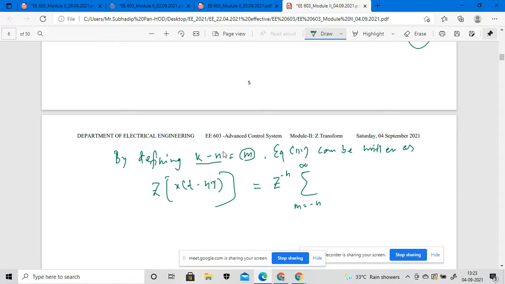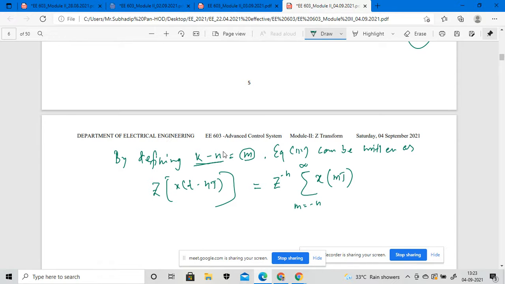As we are defining k minus n as m, the limits for m will start from minus n to infinity. So it should be considered as x of mt. We are not considering kt over here; we are considering mt. So this m is defined as k minus n.